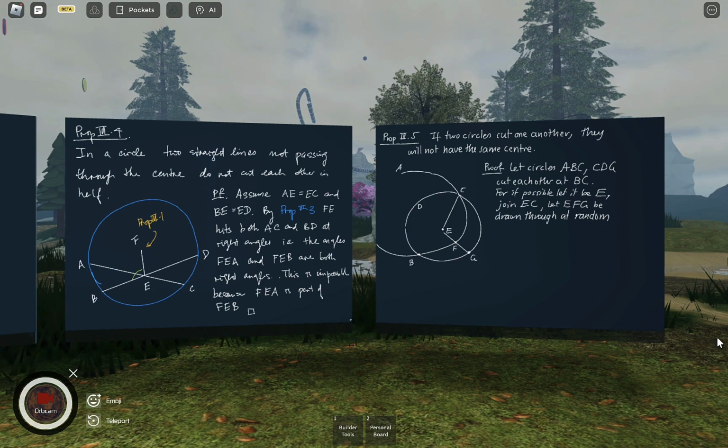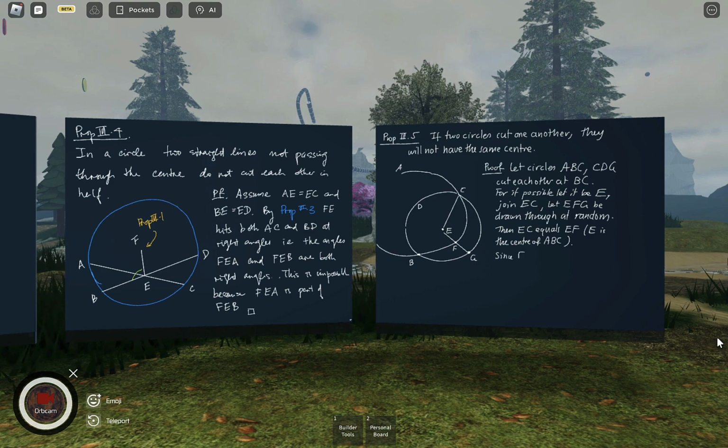Okay, EFG. Since E is the center of ABC, EC is equal to EF. Yes, because E is the center of the left-hand circle, so to speak, and those are both radii.